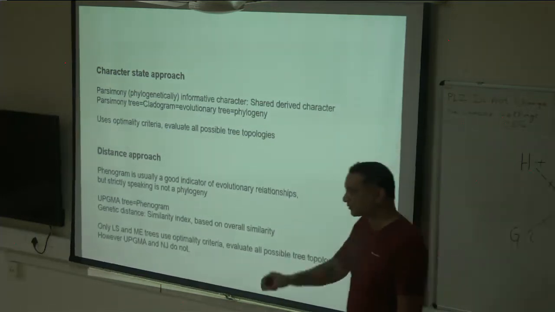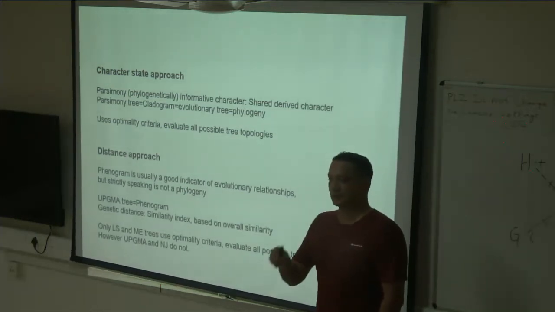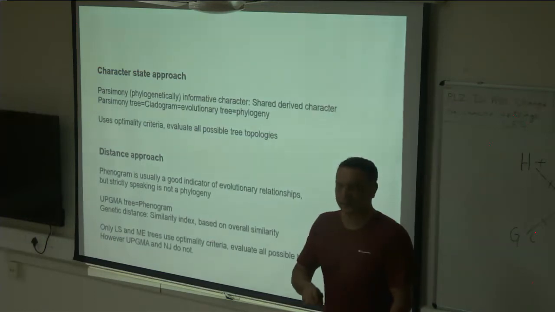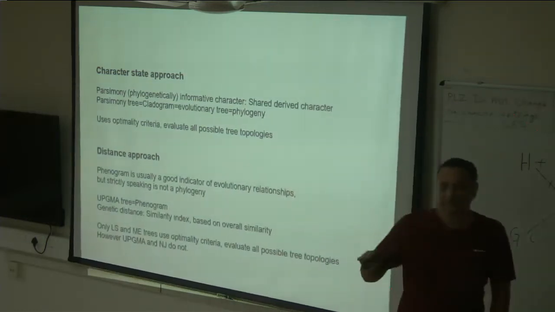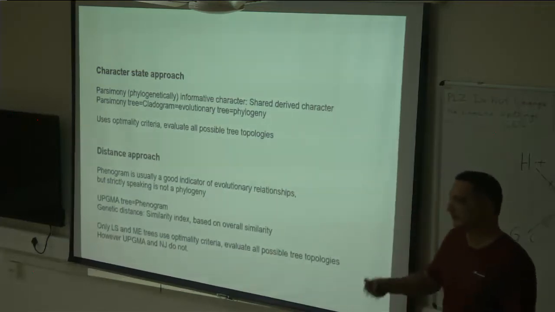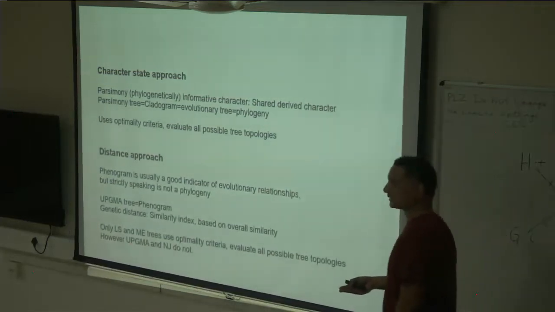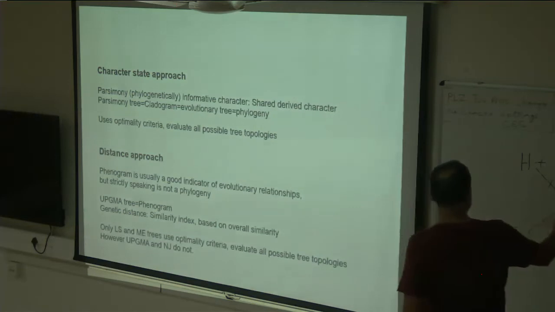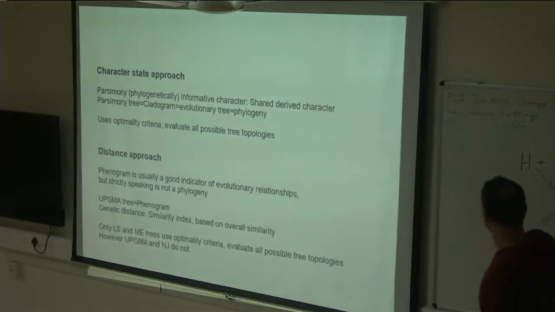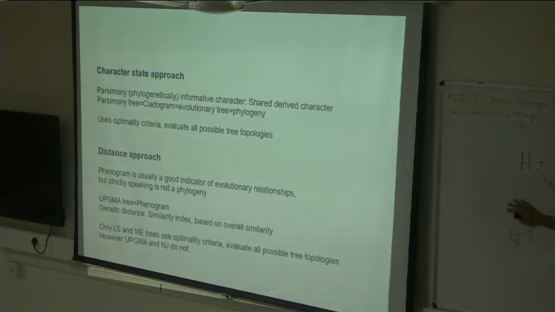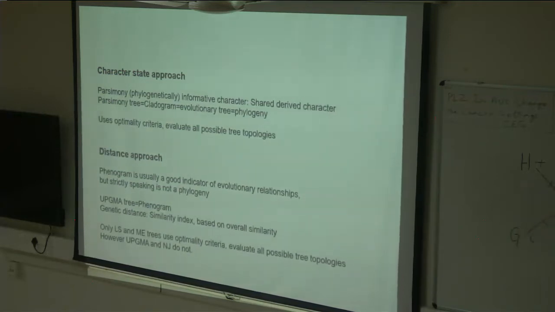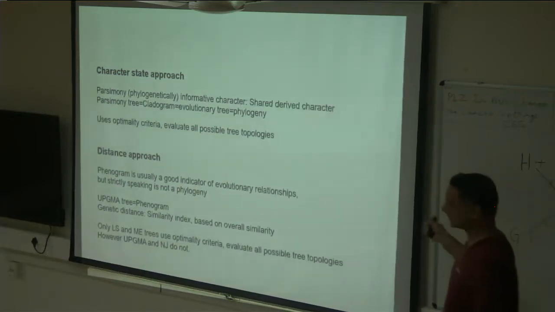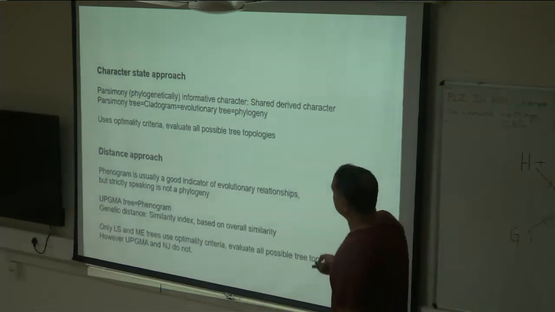They are just clustering entities based on overall similarity. Whereas parsimony is actually giving you an evolutionary tree because it's based on synapomorphies, right? So basically, if there are more sites that support a particular topology, then those sites are basically synapomorphies, right?